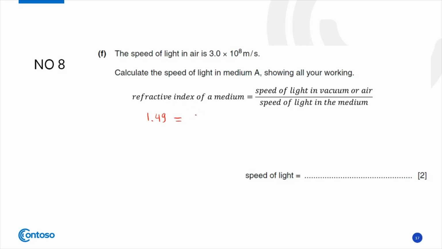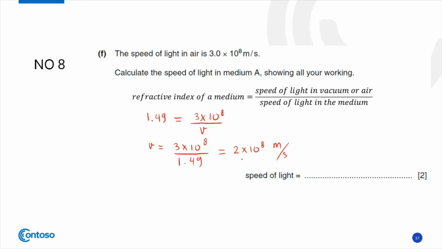This equals 3 times 10 to the power of 8, the speed of light in air, over v, where v is the speed of light in medium A. So v equals 3 times 10 to the power of 8 over 1.49. This equals 2 times 10 to the power of 8 meters per second.